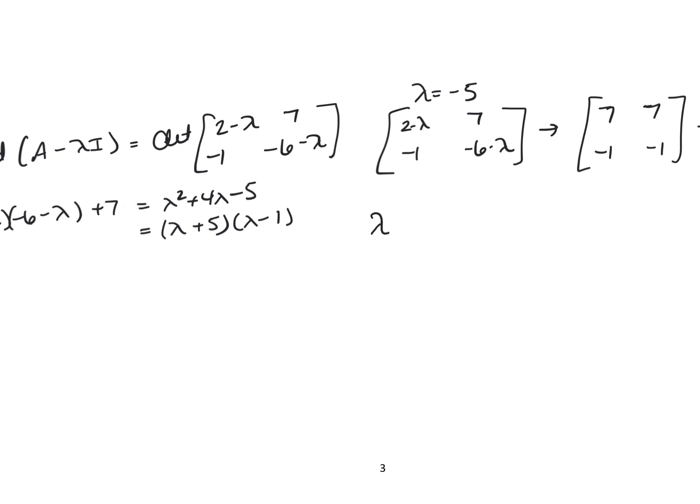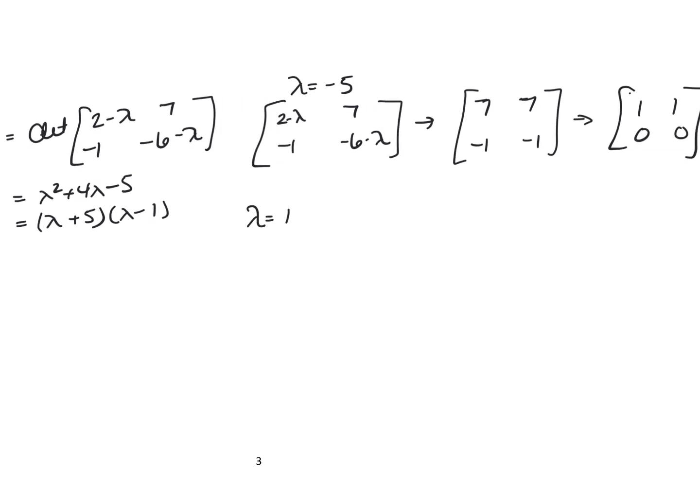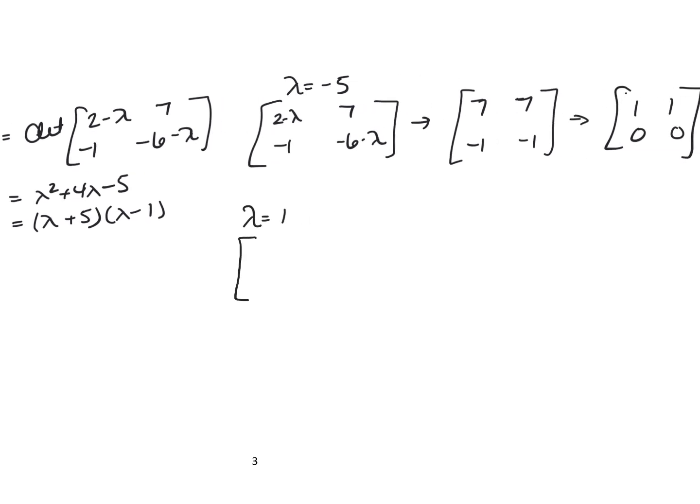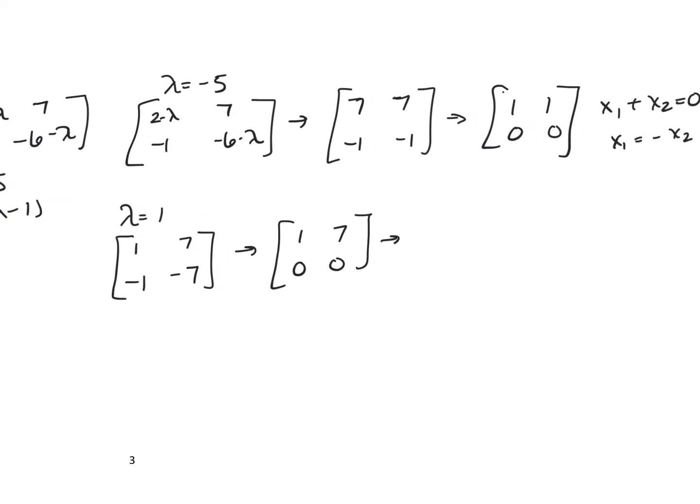Now looking at lambda equal to 1, my 2 minus lambda is going to give me 1, 7, negative 1, and then again negative 7. Row reduced to echelon form gives me 1, 7, 0, 0. And so I have x sub 1 plus 7 x sub 2 is equal to 0. x sub 1 is equal to negative 7 x sub 2.